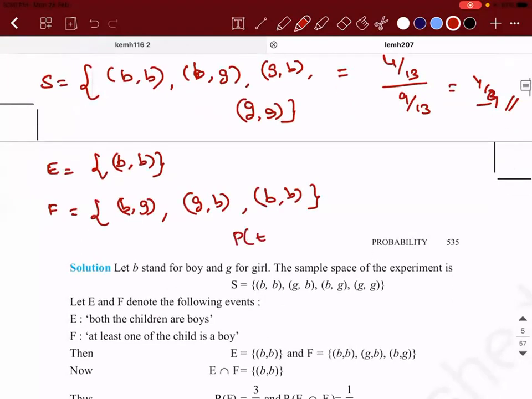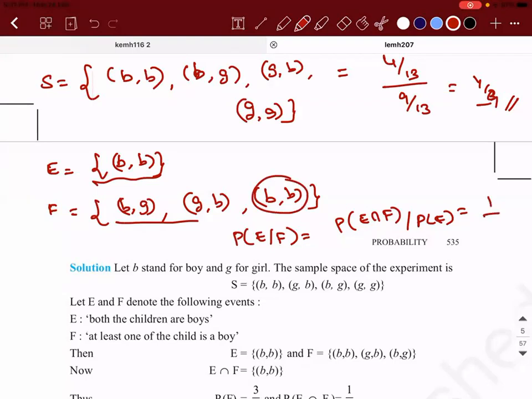So what is the probability of E given F? It will be probability of E intersection F divided by probability of F. So I know the answer directly. It is actually probability of E divided by probability of F, the number of elements in E divided by the number of elements in F. That is going to be the answer. So intersection is 1 divided by 3.